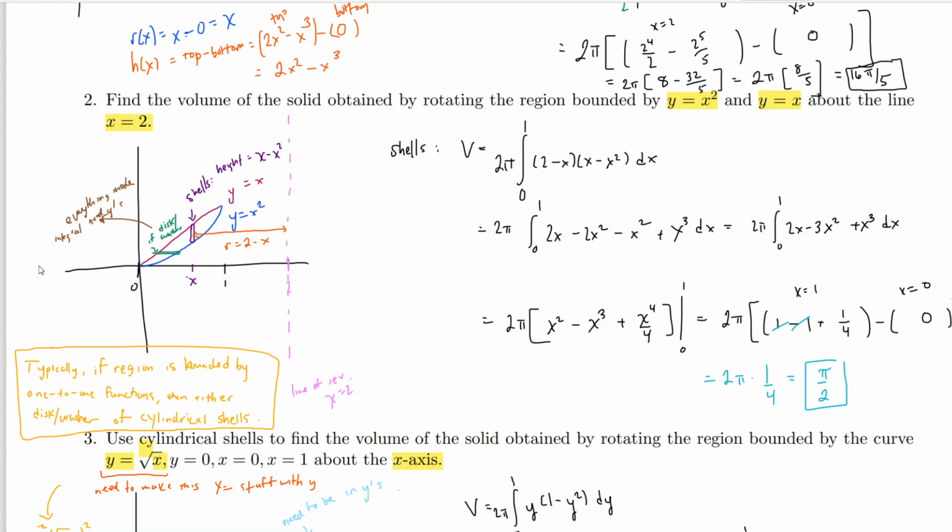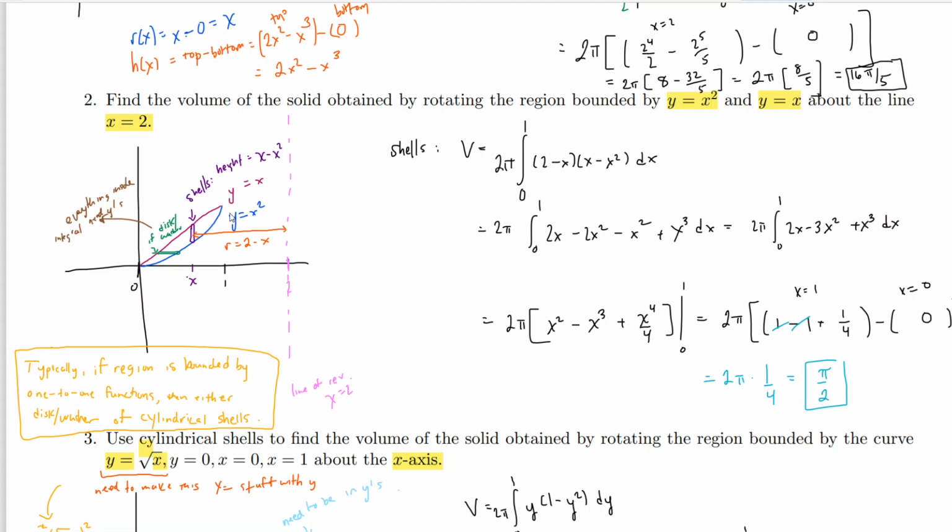But you could imagine if the thing we were rotating around was actually the x-axis, then our shells, which would be horizontal because they have to be parallel, are no longer being represented. They actually look more like this disc and washer method, and they have the same problem here. So we would still want a vertical slab, but this time, because we would be rotating around the x-axis, we would use the washer method.